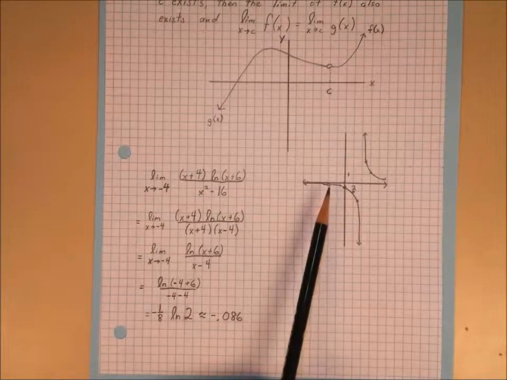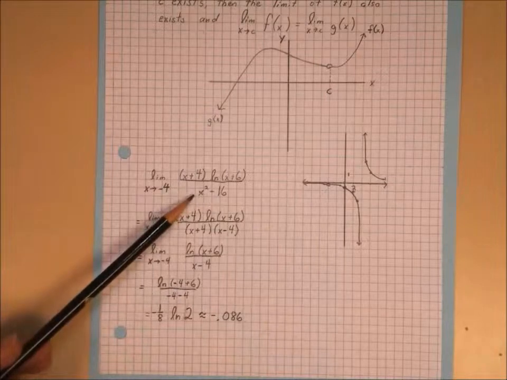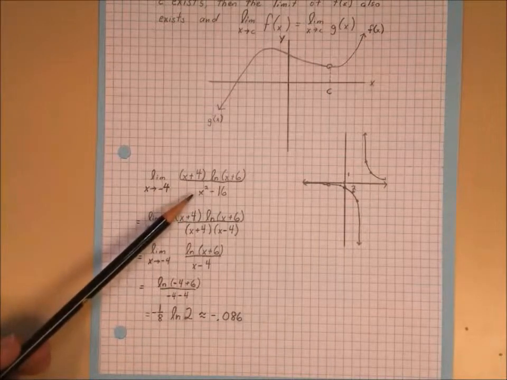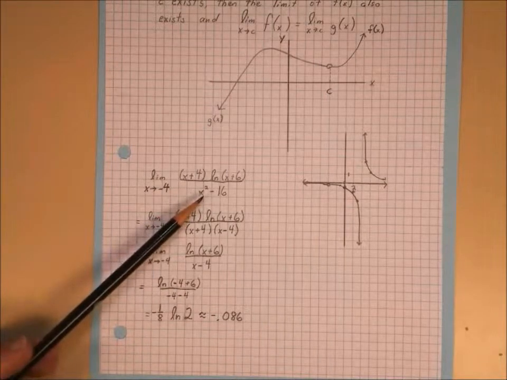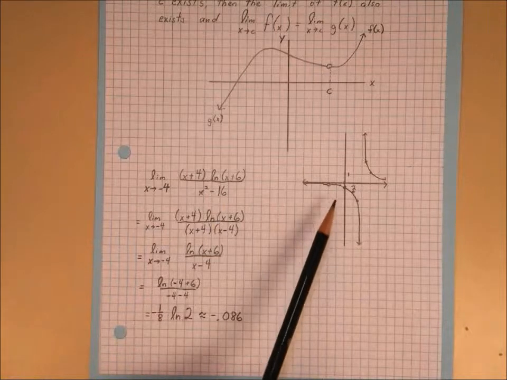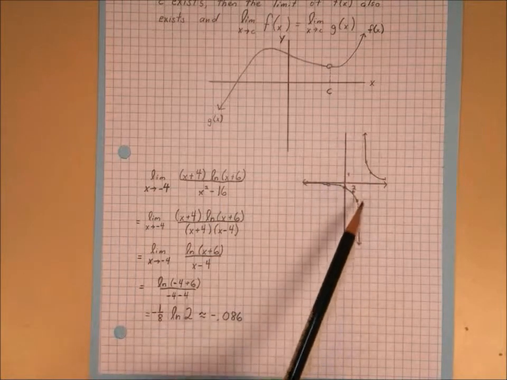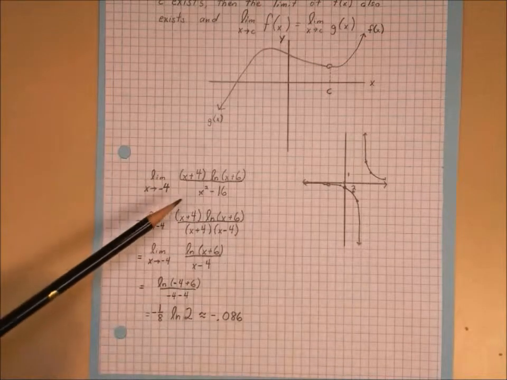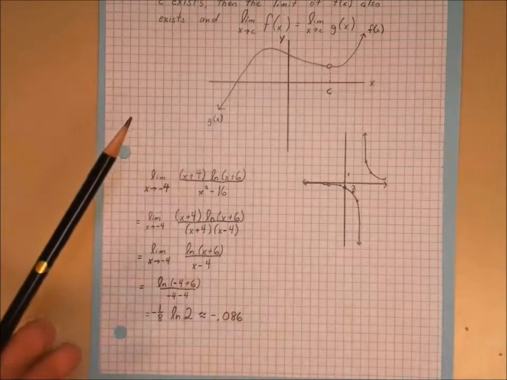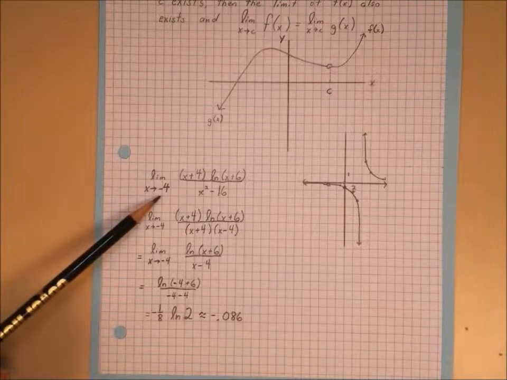So I do have an open circle here, because if you put a -4 here, -4 times -4 is 16, 16 minus 16 is 0, so you have that problem of it being undefined. But notice that everywhere else it seems to be defined except for at +4. But when you put +4 it is not defined there, we're not really worried about it. We are worried about it at -4.